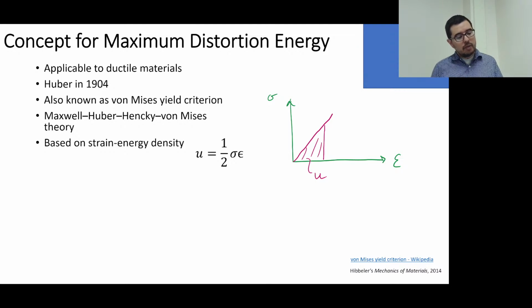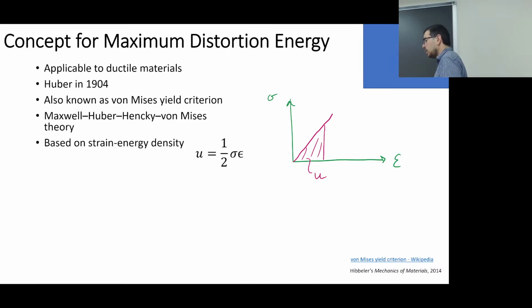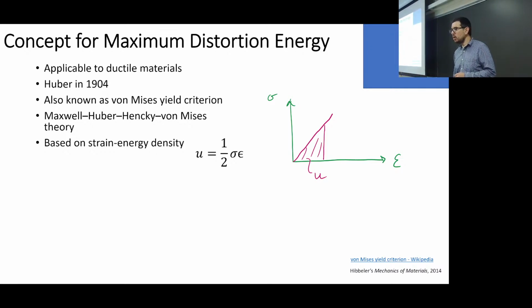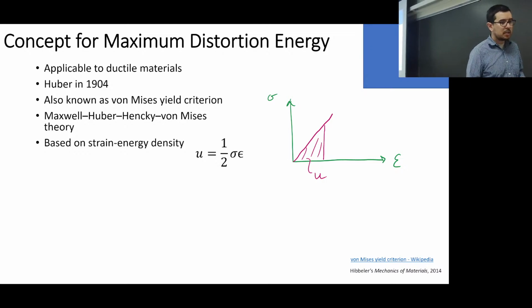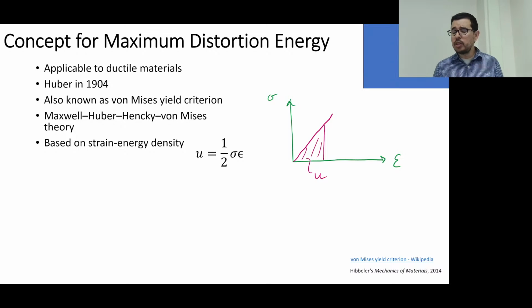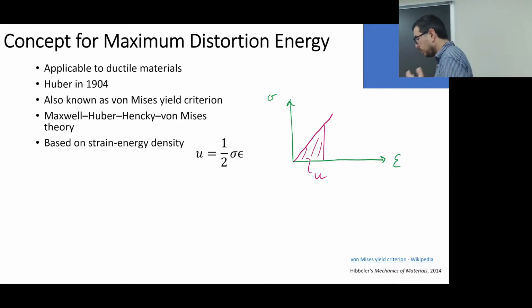We have also talked about the idea that materials can withstand a certain amount of strain energy. Remember this? Just like we talked about springs and energy, 1/2 k delta squared, or 1/2 times force times delta.